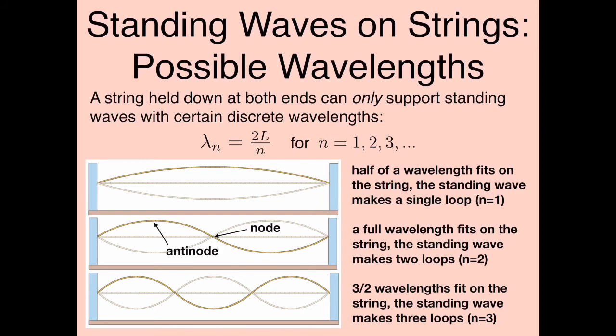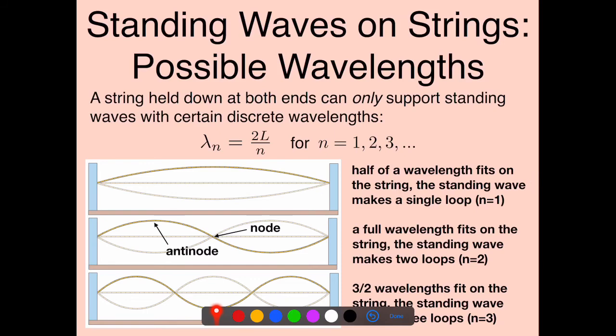What if we set n equal to 1? Then we'll have lambda is equal to 2L. In other words, the wavelength is twice the length of the string, meaning on the length of the string, you can fit half of a wavelength. If we had a full wavelength, we would have the wave going up with a positive displacement here, and then over here with a negative displacement coming back to where you started.